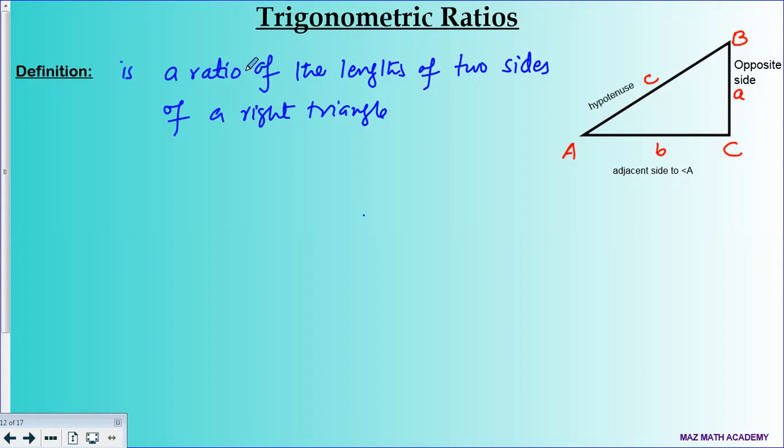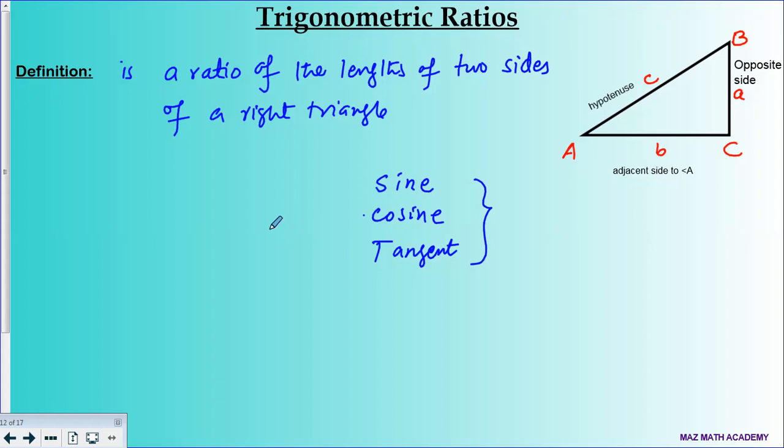The three basic trigonometric ratios we have are sine and cosine. The third one is tangent. These are the three basic trigonometric ratios, a ratio of the lengths of two sides of a right triangle.